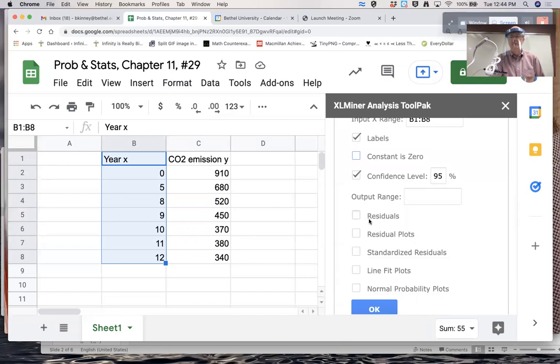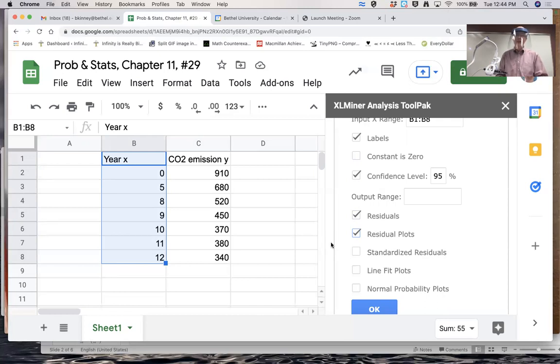Next, down here, I click the residuals and residual plots boxes. Could click the other ones, but I usually don't bother. Then you want to pick an output range and click this box before you click OK. What does it mean to choose an output range? You're going to get some output, and you want to choose the cell in the spreadsheet that's going to be the upper left corner of the output.